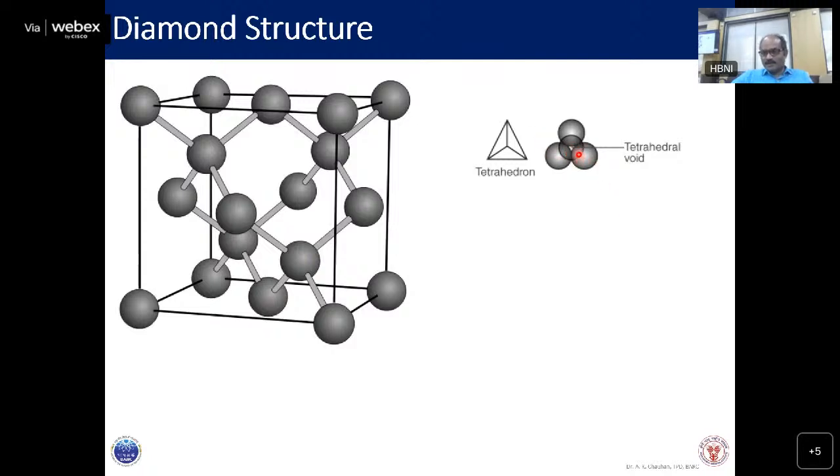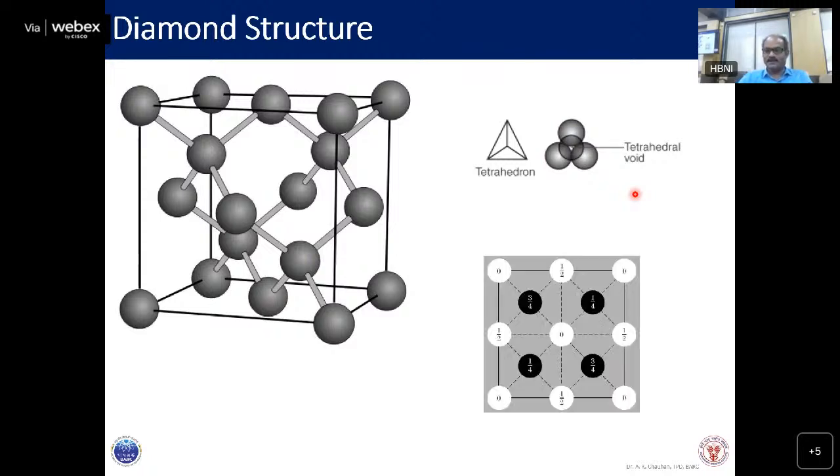What will happen? This sphere will move slightly to this side, this atom slightly to this side, and this atom slightly to this side. There will be one sphere in between, and then another sphere at the top. So this becomes a different kind of structure.